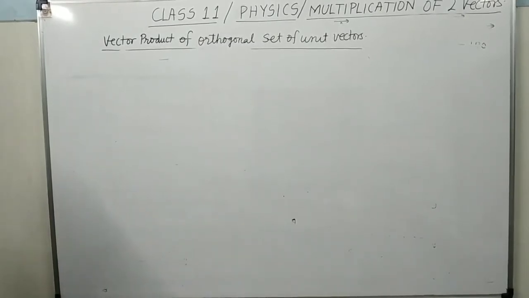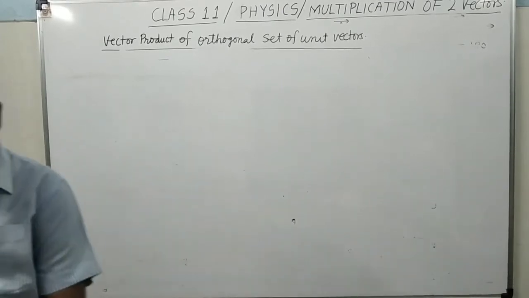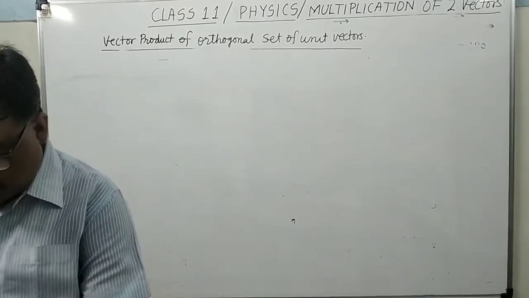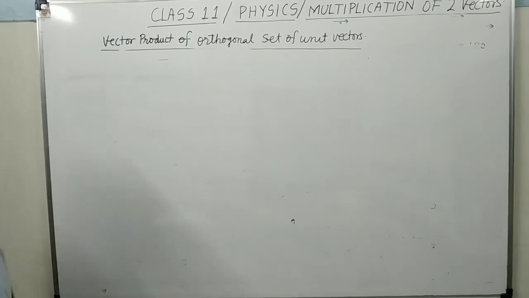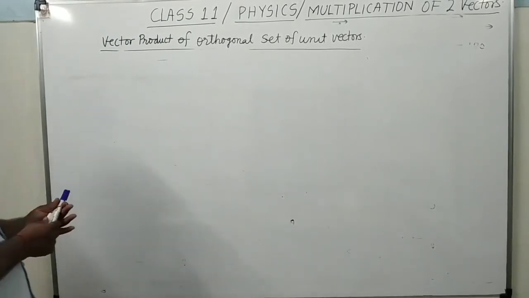It's clear? By preparing the determinant means we can determine the vector product of two vectors in terms of their x, y, z components by preparing a determinant.